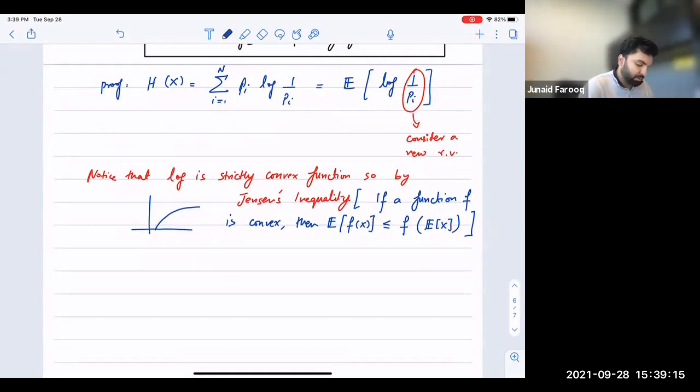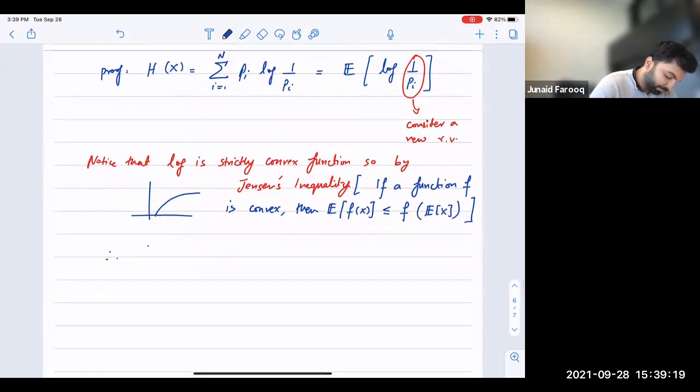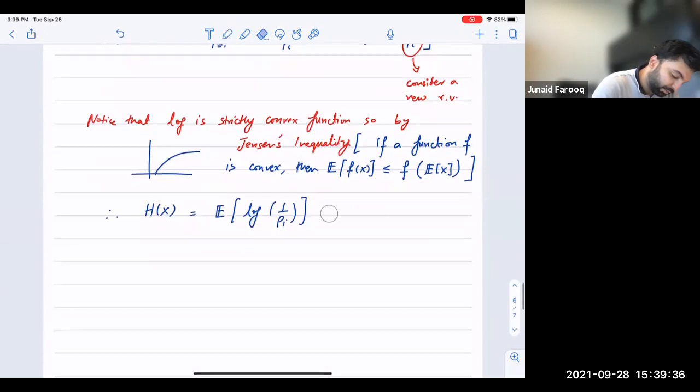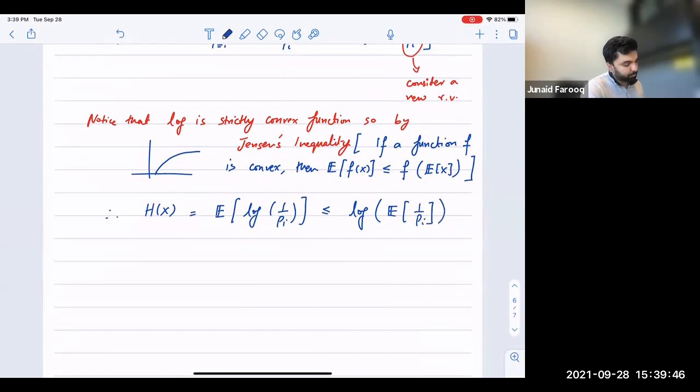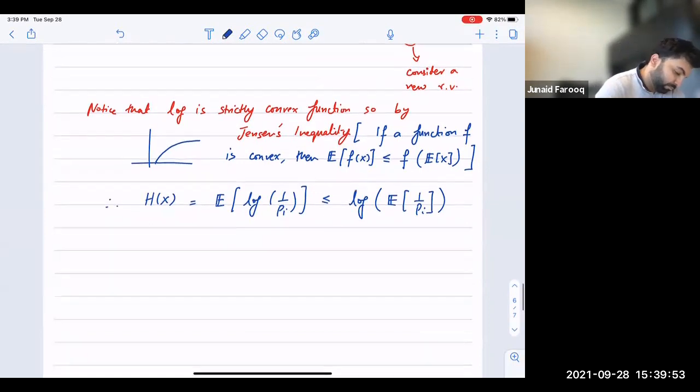So what we can say is basically H of X, which is the expectation of the log of something, which is 1 over p_i, is less than or equal to the log of the expectation of 1 over p_i. Right, which is actually equal to, so this thing here is actually n.